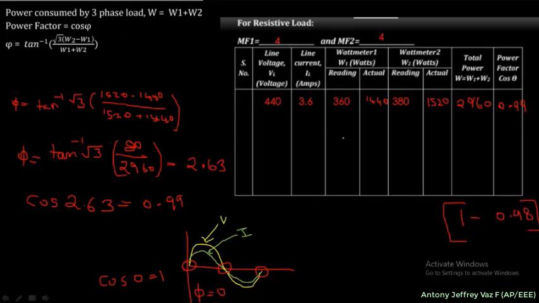If you calculate these using the formula for resistive load, the phi value is 0 in theory. In practice, you will have values like 0.99, 0.9995, 0.9895, but it should range from 1 to 0.98 only.